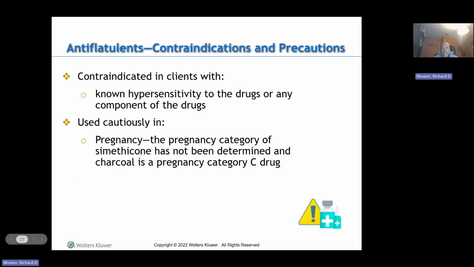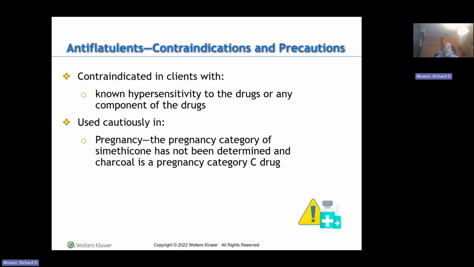Now, anti-flatulence drugs, of course, are contraindicated with hypersensitivity. Patients who have known hypersensitivity to any components of that drug, say if it's salicylates or otherwise, it should not be given to those patients.